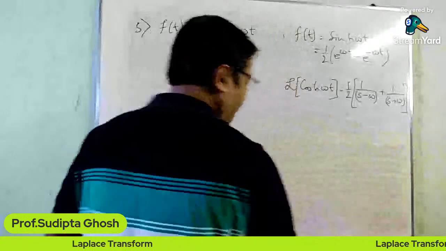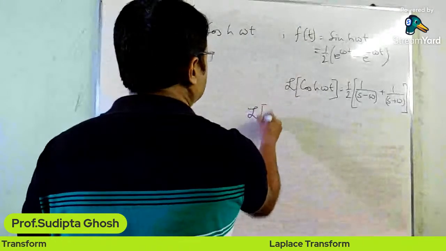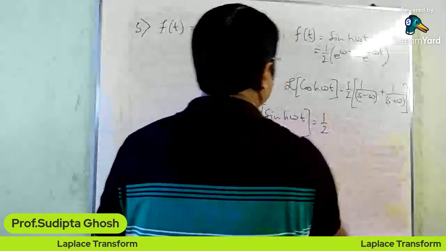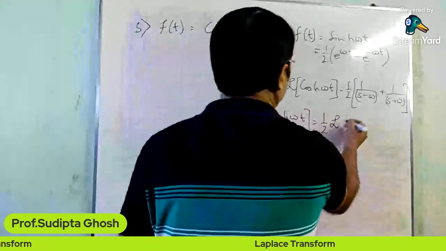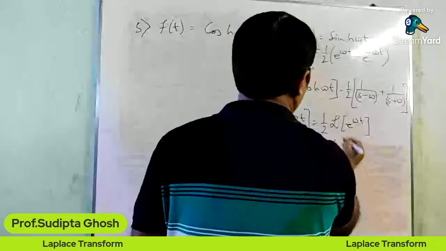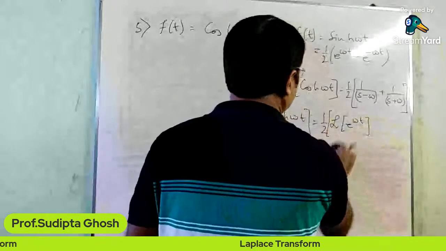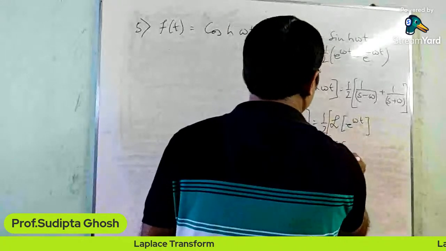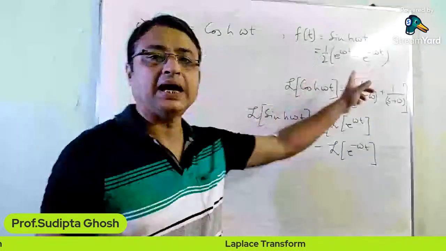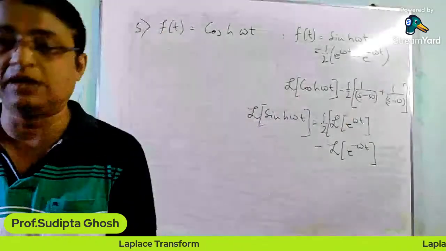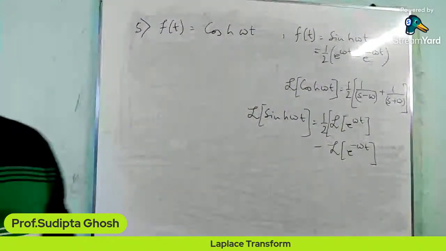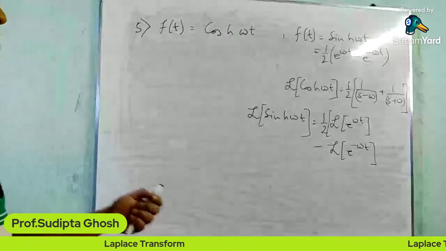The Laplace transform of sine hyperbolic omega t can be found as half of the Laplace transform of e to the power omega t minus the Laplace transform of e to the power minus of omega t, taking half common. Is it okay? We have expanded sine hyperbolic omega t: it can be written as half of e to the power omega t minus e to the power minus of omega t.